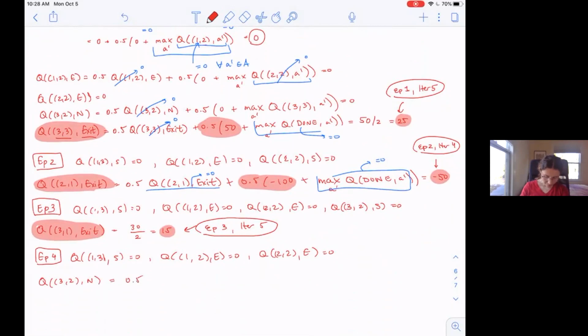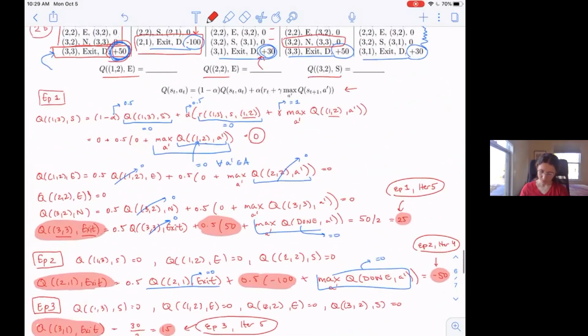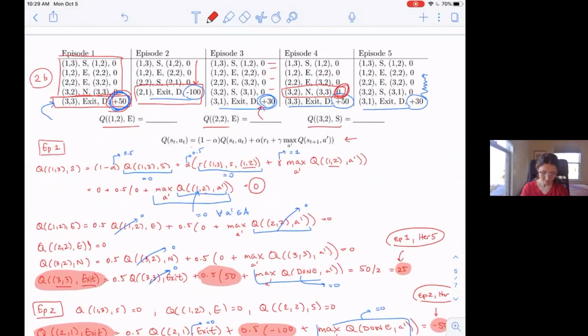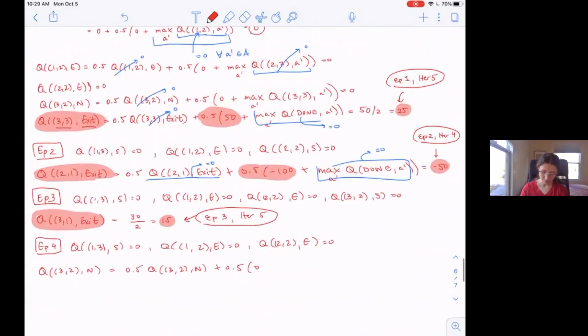So it's going to be 0.5 times our old Q of 3,2 north, plus 0.5 times, what's our immediate reward here? Just 0. That's not too interesting.